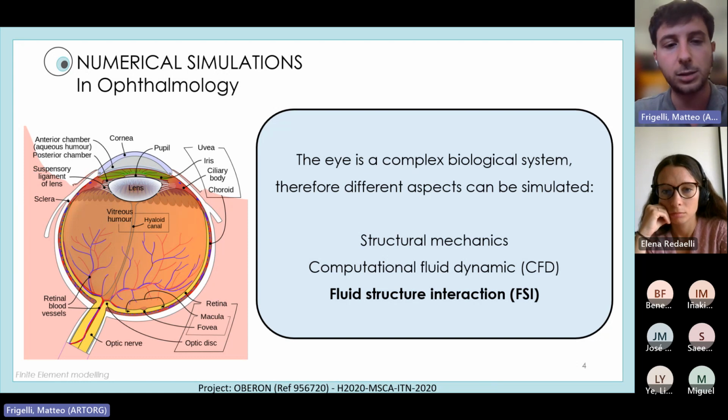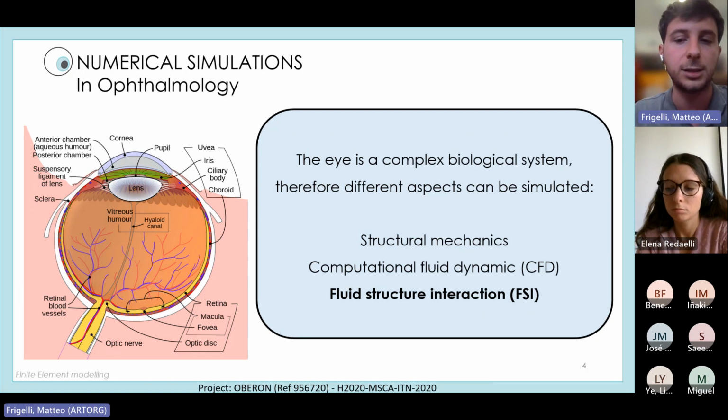What I'm going to present now are generic aspects that apply to most of these three different techniques. I will give some examples mostly on structural mechanics because it's where I'm most focused. And Elena later will explain in more detail CFD and fluid structure interaction.